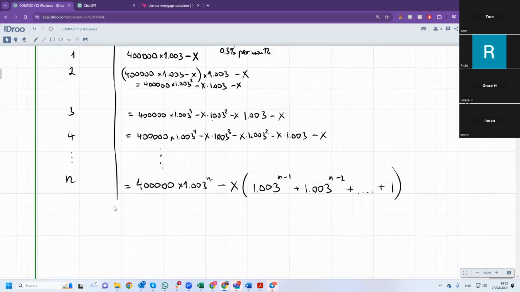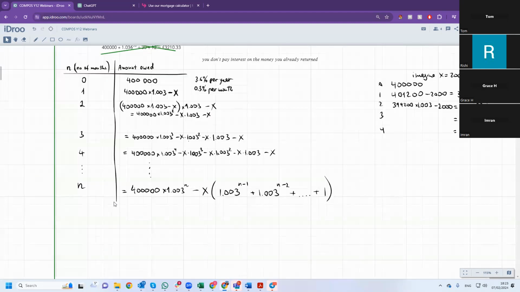Okay, so after n months, we know that after 30 years, and 30 years is 360 months, the amount owed is going to be 0.